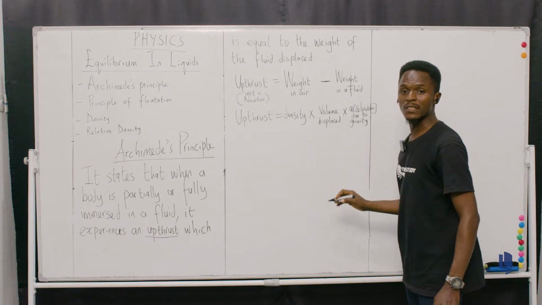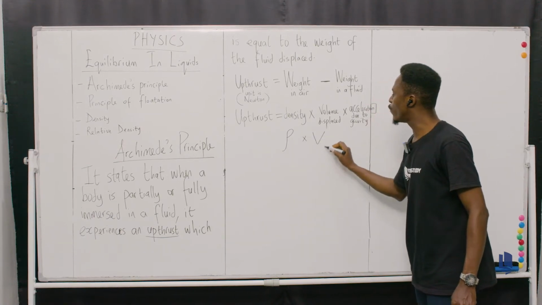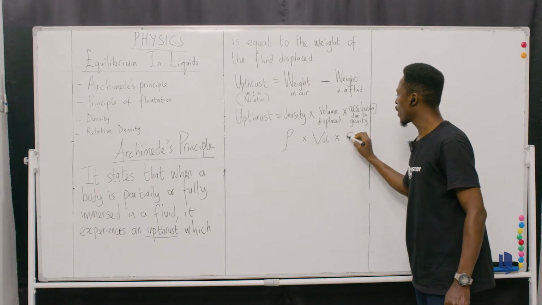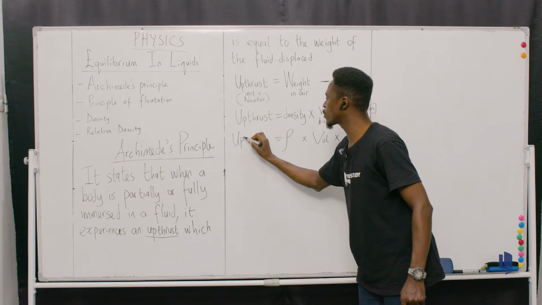So what are we making reference to? Density, rho, volume, and g. That marks our formula for upthrust.